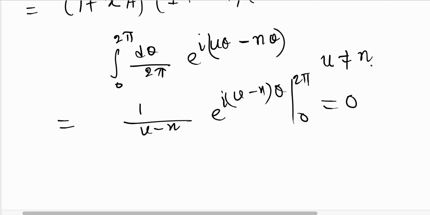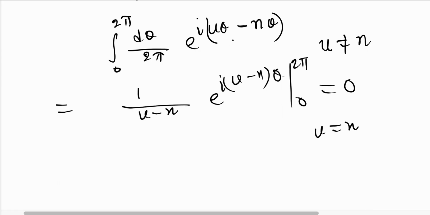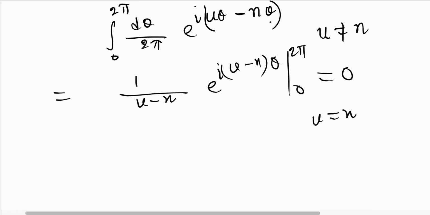So if u is not equal to n, it is 0, but if u equals n, then the integral from 0 to 2 pi of d theta by 2 pi is e to the power 0, that means 1.